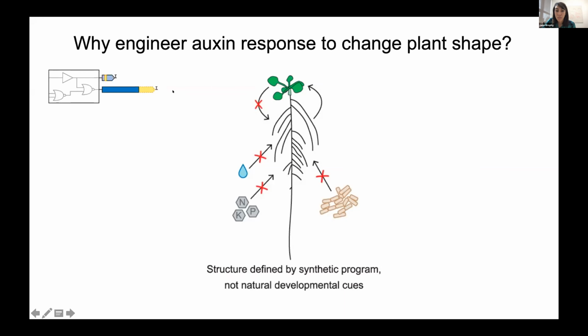And so you get something maybe that looks like this, where the amount of water and nutrients, the presence of microbes, the growth of the shoot system may usually impact the growth of the root system. But if we genetically determine the root system so it always grows into the same shape, then we can start to probe structure-function relationships and say, how does the shape of the root system affect the plant's ability to survive in a specific environment, for example?